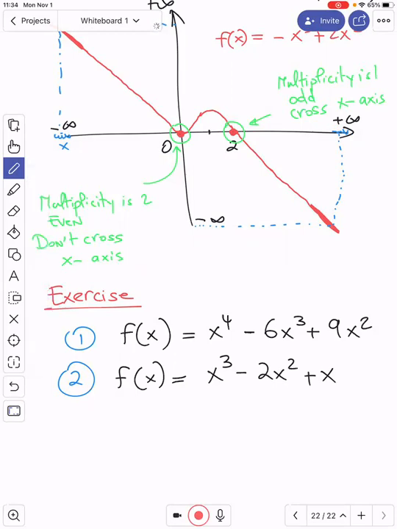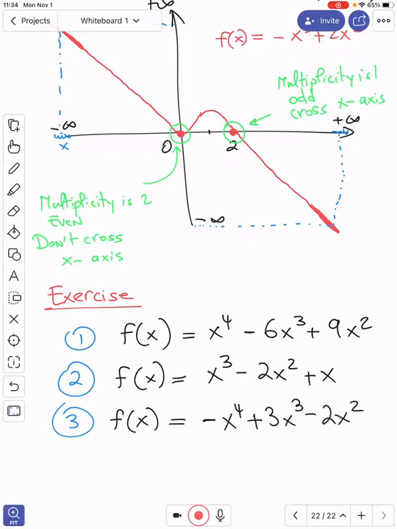And the last one, number 4, I'm going to do some negative. Let's do this: minus x fourth plus 3x cubed minus 2x squared.